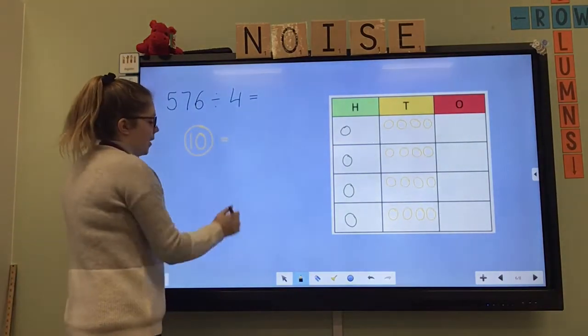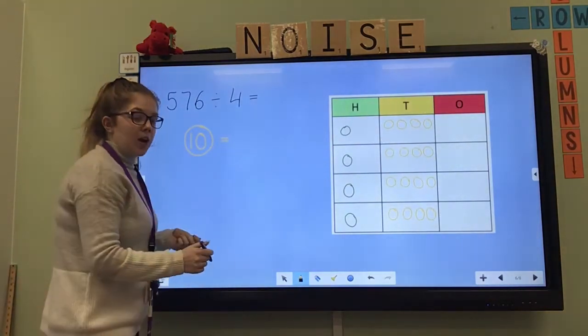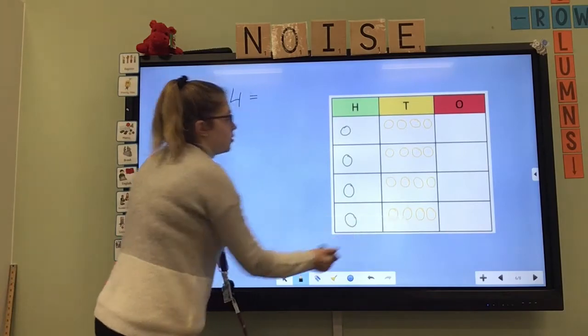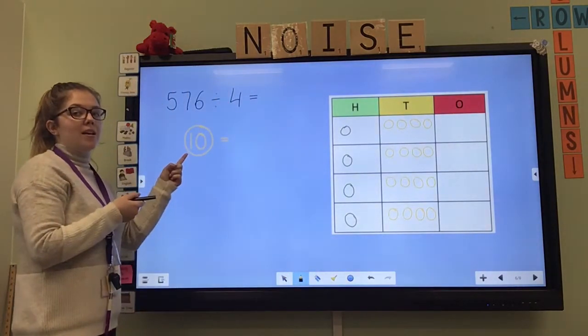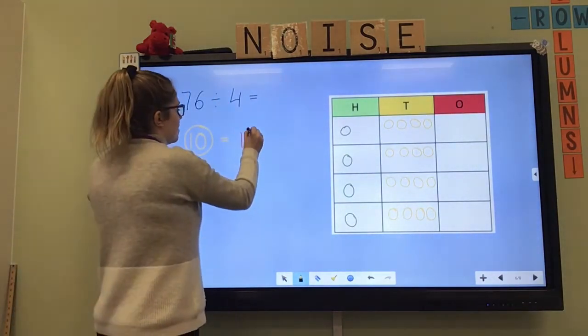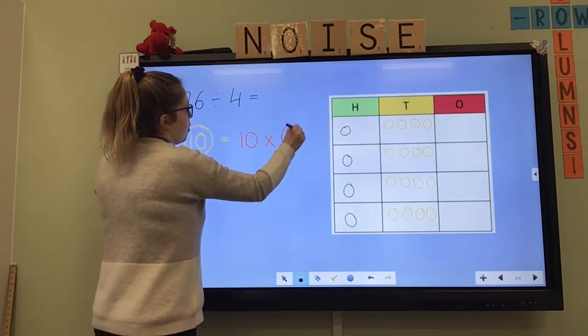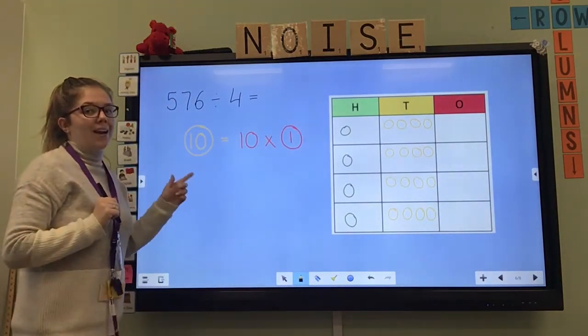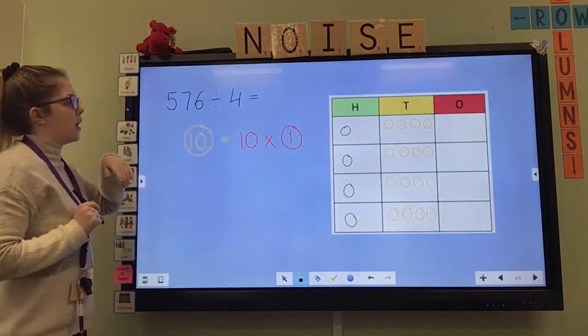What do I need to do with my 10? I need to exchange it into my ones, and 1 ten is the same as 10 ones, and we need to add that on to the ones already in our number.